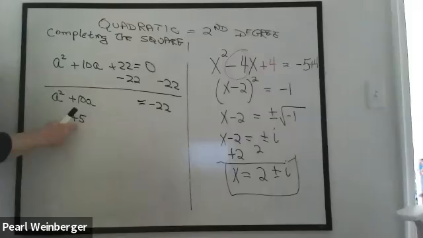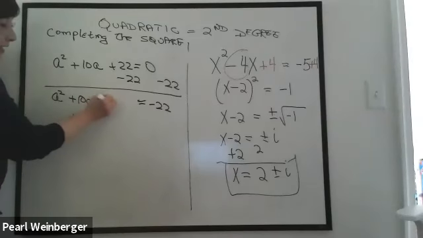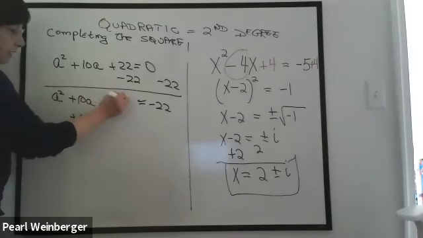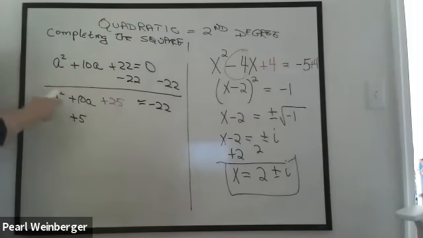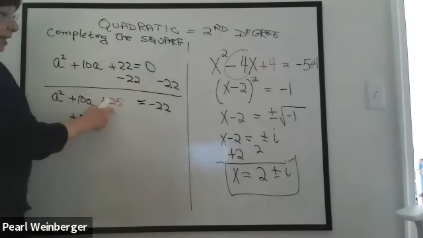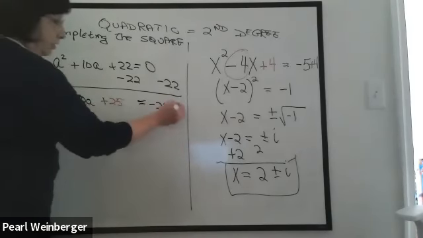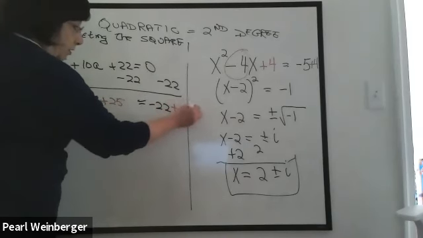And what I do with that number is multiply it by itself. 5 times 5 gives me 25. So I have to add 25. That will make this a squared plus 10a plus 25, which is now a perfect square trinomial. Of course, what I added on this side, I add on the other side as well.